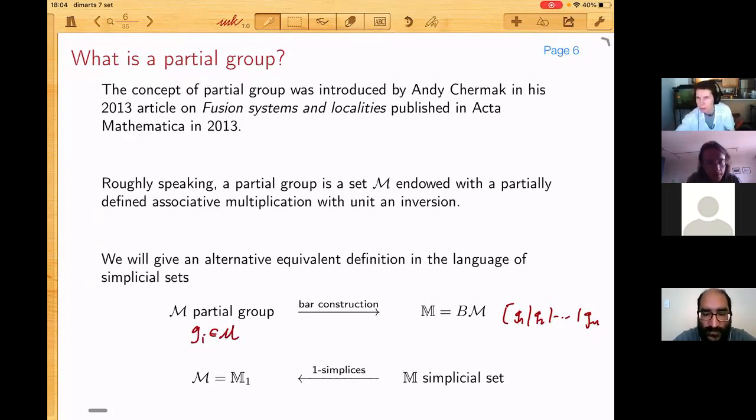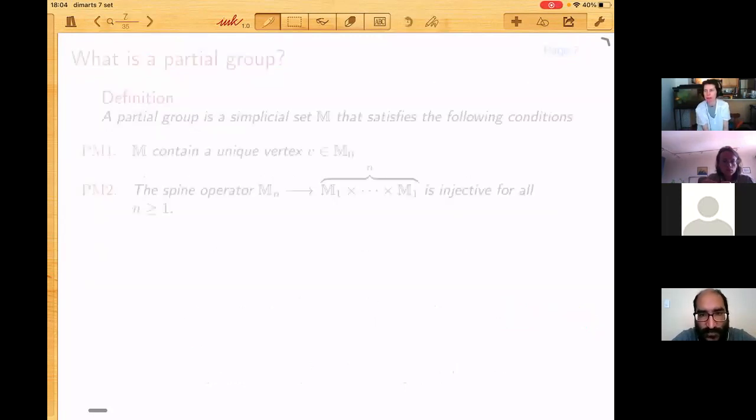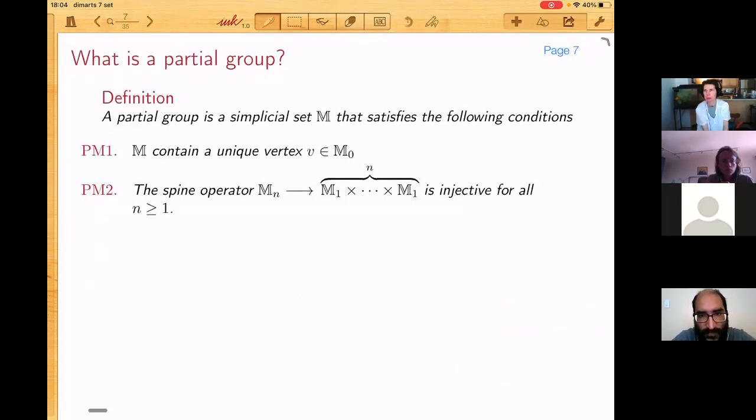And the usual definition of faces and degeneracies. And the other way around, to a simplicial set, you can just attach the set of one-simplices, and in some cases, for some simplicial sets, this set of one-simplices will have the structure of a partial group. So let me put some more rigorous definition.